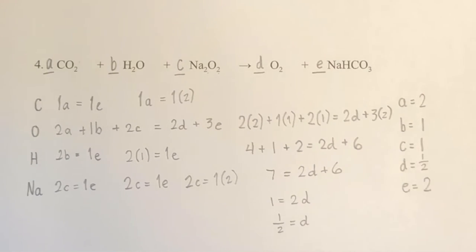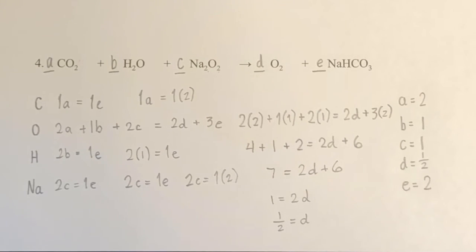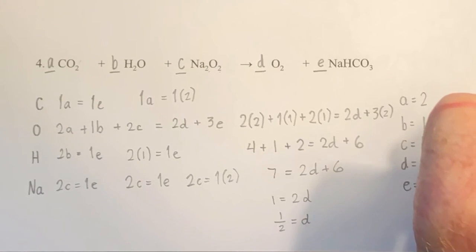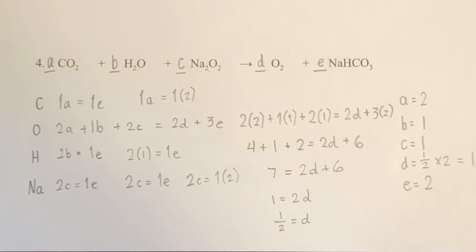Now that's okay that we ended up with a fraction, however we can't leave any of the coefficients in fraction or decimal form. So if you ever solve for variables and end up with a fraction or a decimal, you need to multiply that into a whole number. The rule says that what you do to that fraction you also have to do to all of the other variables. So to turn a half into a whole number, we can multiply it by 2, and 1/2 times 2 is 1.